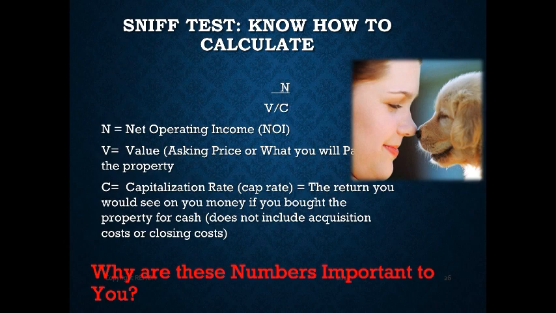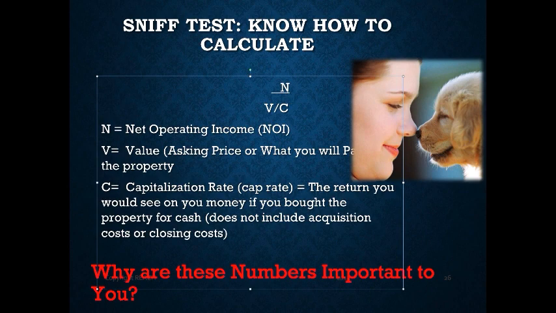So it is $226,800 divided by 0.08. That's the cap rate. I can pay 8% on a cap rate. That gives me how much I can pay for this property.